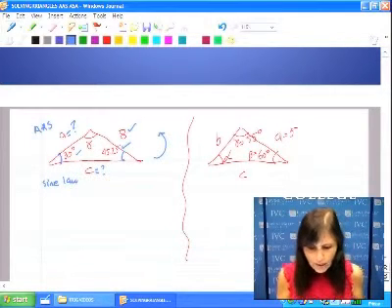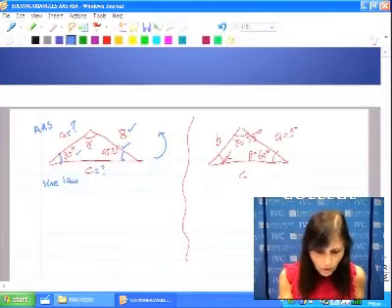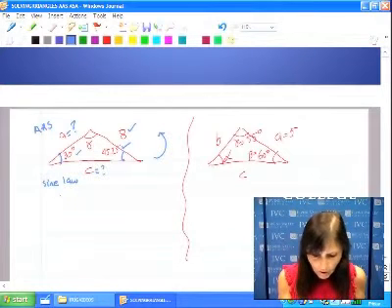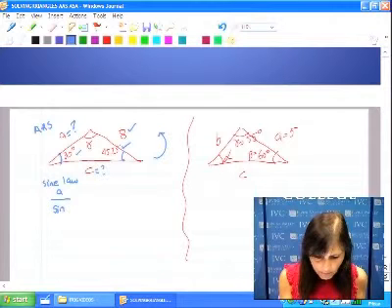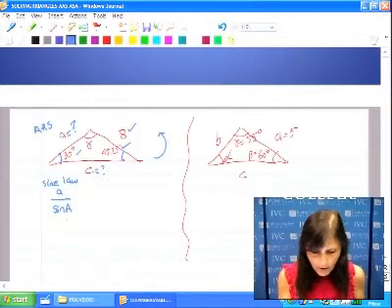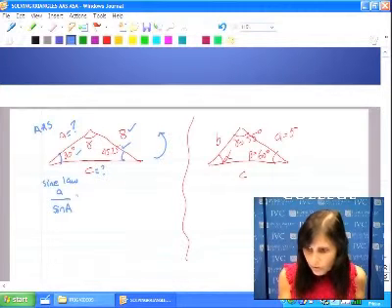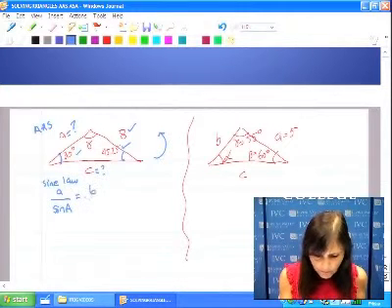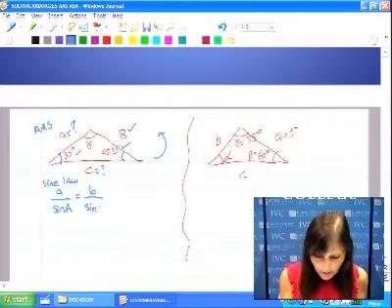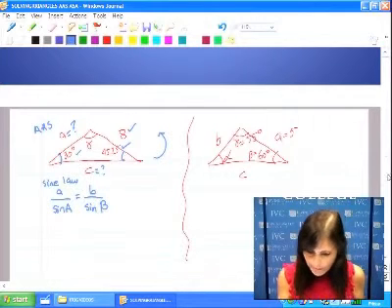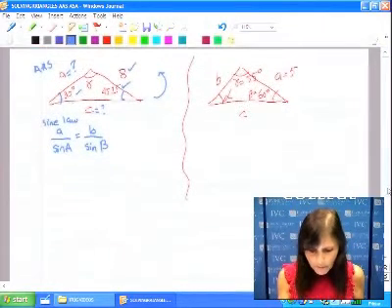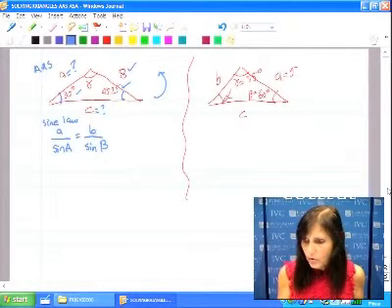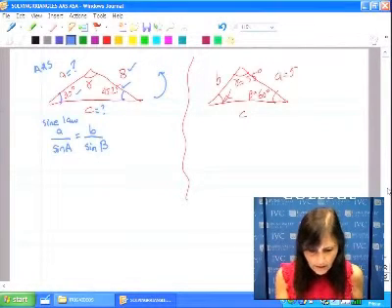So let's write the sine law. I don't know the A side, so I have A over sine of big A, that's going to be B over sine of big B. So let's put some numbers in there.